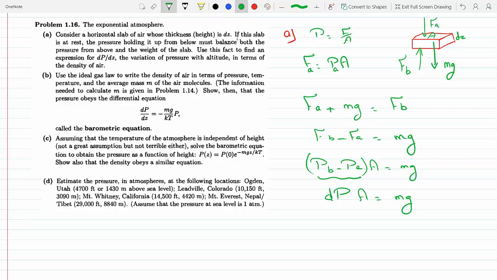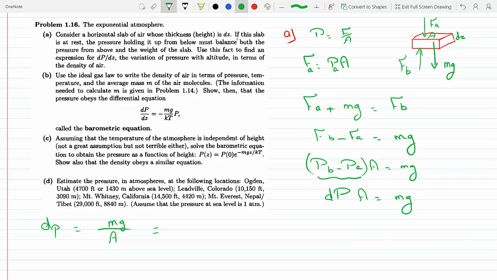And so now, continuing part A, dp has to equal mg over A. The mass of the slice of air times gravity over the area.